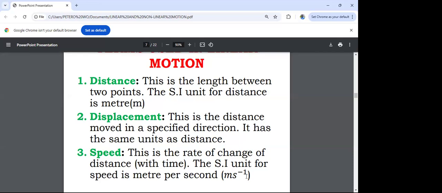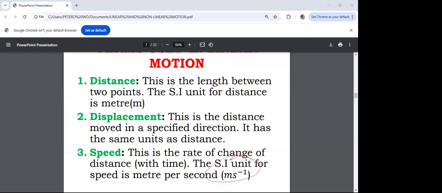And the units for speed are meters per second. Now, meters per second, we write them as this.